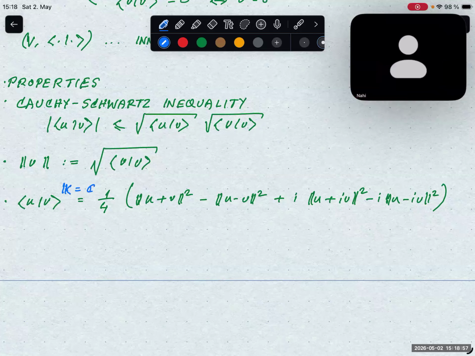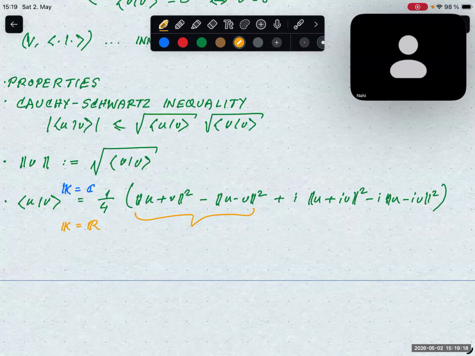Does it also hold where K is not C? Yes, it holds. If K equals, say, R, then you have only these two parts. But I think that doesn't directly follow from that, right?